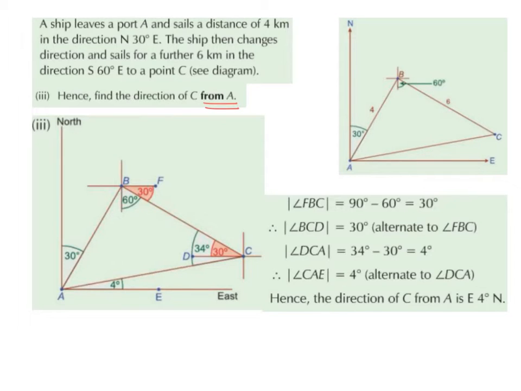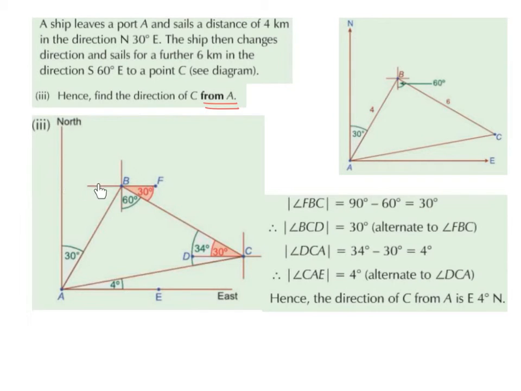Since we already knew that this angle was 60 degrees, then the angle that is formed here is going to be 30 degrees, because this has to be a right angle, and 90 degrees take away 60 degrees is 30 degrees. So the angle FBC, this angle here, must be 30 degrees, because this must be 90 degrees.